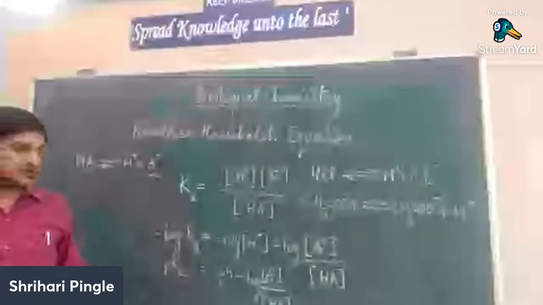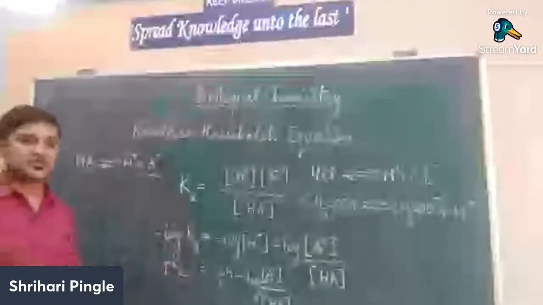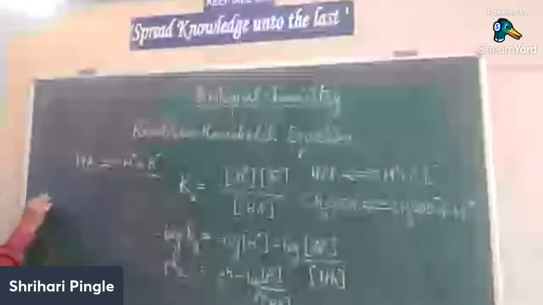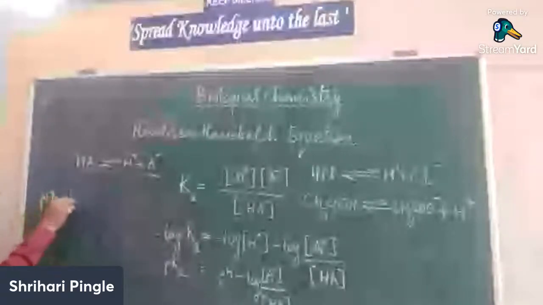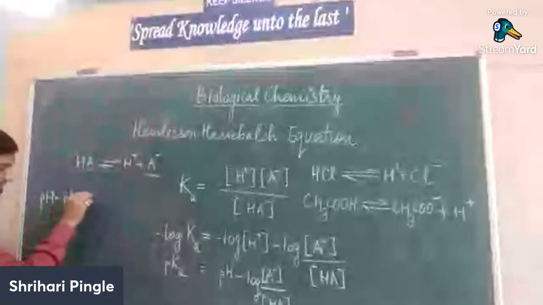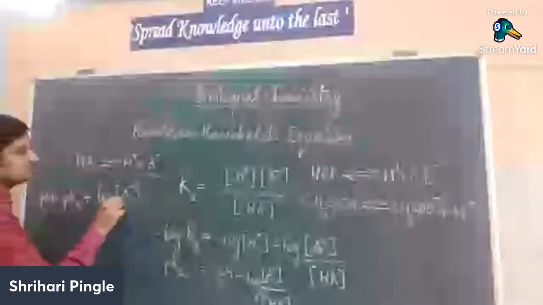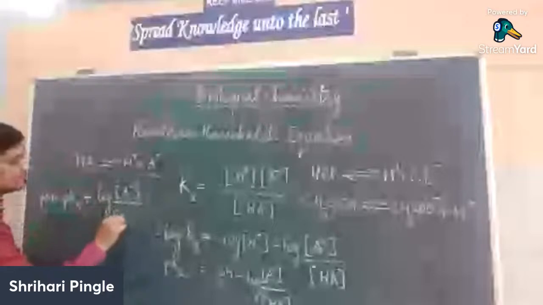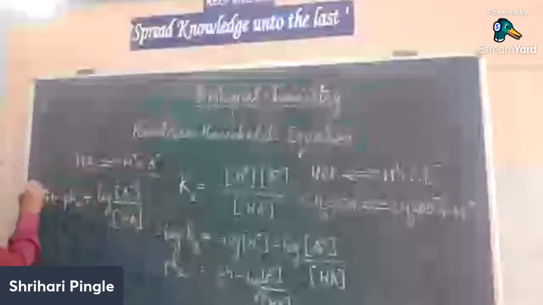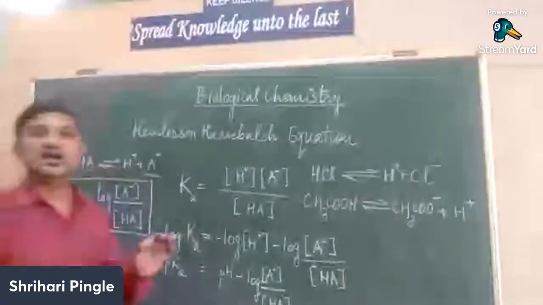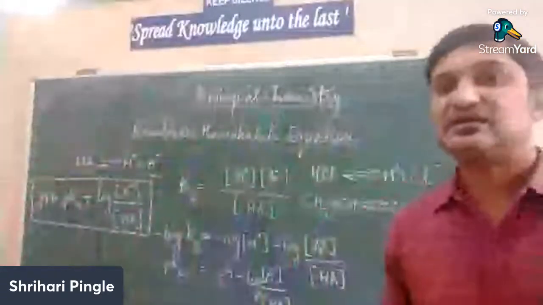Now rearranging the equation, what we get is the final equation, and that will be pH is equal to pKa plus log of the concentration of the corresponding conjugate base upon the concentration of acid. This equation is called the Henderson Hasselbalch equation.